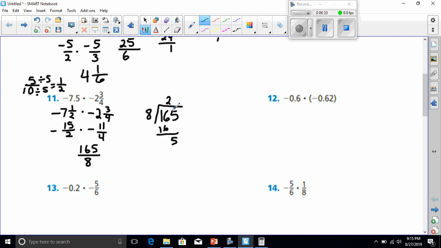From here, we see that 8 does not go into 5, so that makes us 0 here, right? So that's going to be a 20 with the remainder of, let's see here, 5 over 8, right? So our answer would be 20 and 5/8.